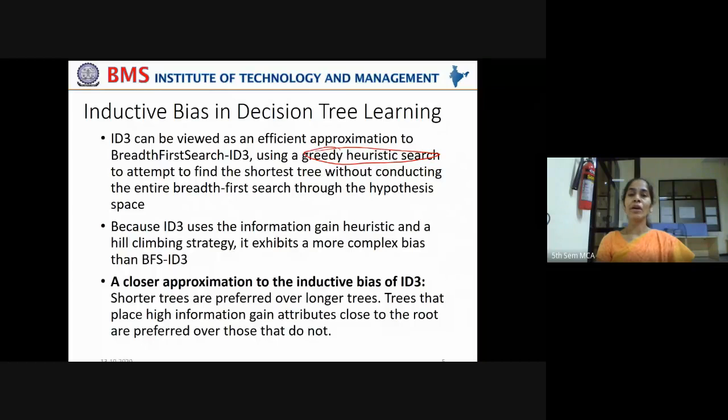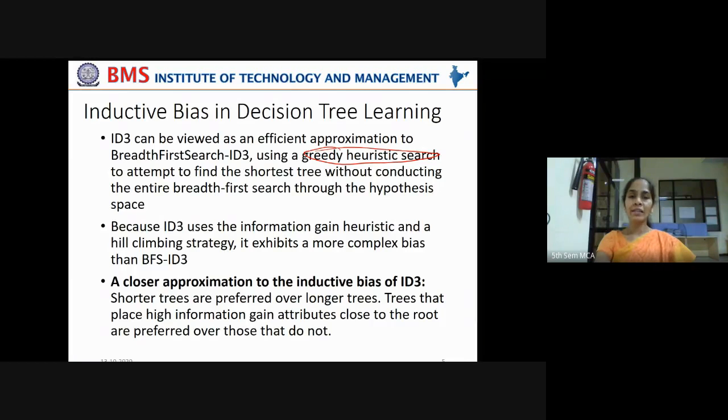In order to minimize its search, it keeps on checking all the shortest trees first. If a match is found, yes, the optimal decision tree is found. It stops its search there. It will try to minimize its search of the hypothesis space of possible decision trees. Now, what is the search strategy? Finding shorter trees compared to the larger trees.